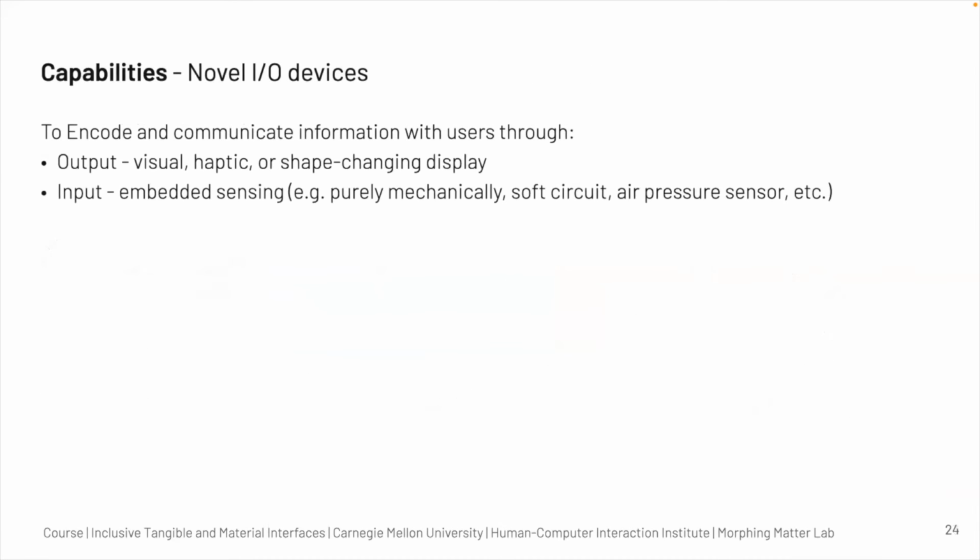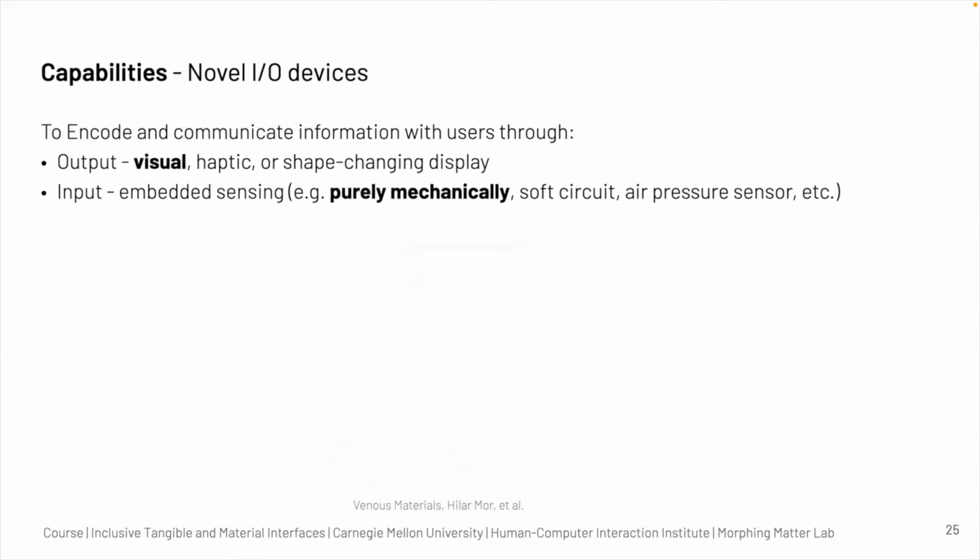And I think this is the fourth dimension. You can leverage some actuating or sensing abilities of fluid multimeter to design some novel I/O devices. And by I/O, I mean input or output. The subject here is the users: what kind of output the users can perceive and what kind of input the users can perform.